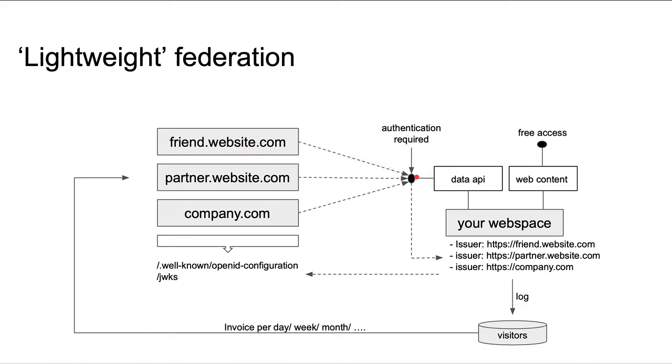And you would go through the validation steps as we just discussed. So you would check, is this an ID token JWT issued by one of these parties? If so, call the OpenID configuration endpoint, call the JSON Web Keyset endpoint, do the validation, and now you know that you have received a request of a user of one of these platforms.